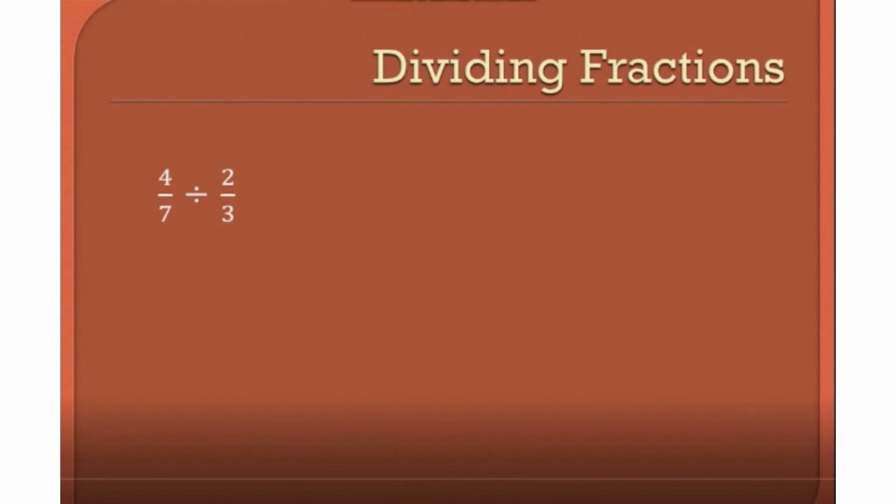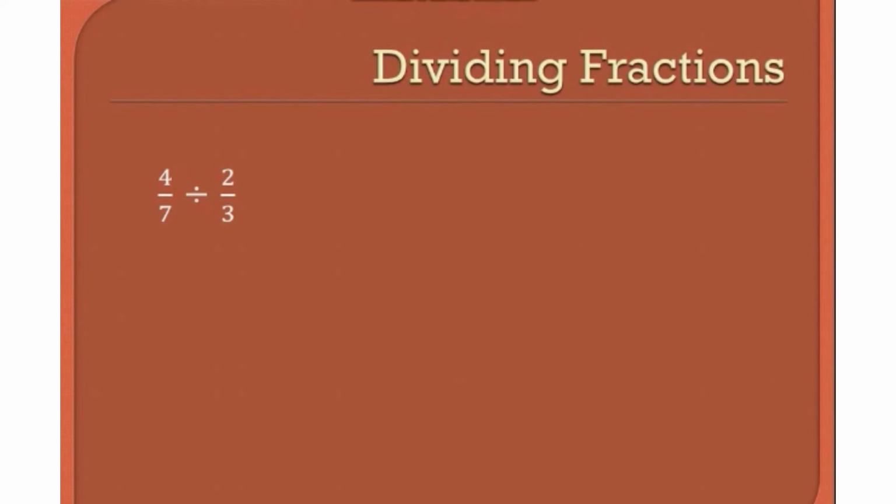4 over 7 divided by 2 over 3. Reciprocate the second fraction. Therefore, 2 over 3 will then be 3 over 2. The next step is to change the division sign to a multiplication sign. Then you rewrite the fractions.